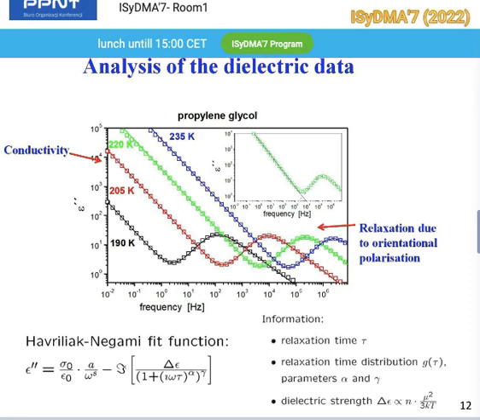The information content which one can extract from these spectra is, first of all, of course, the relaxation time, which is given by this maximum, the relaxation time distribution, but also the dielectric strength, which corresponds to the area under such a relaxation function.